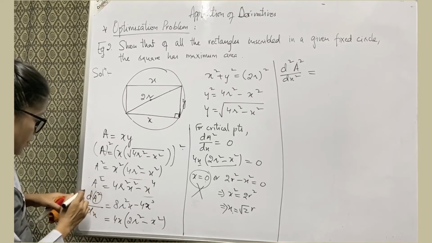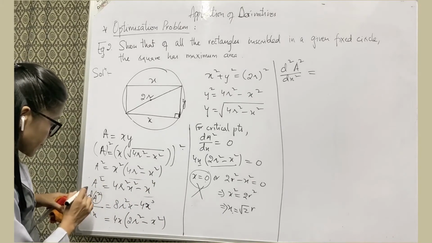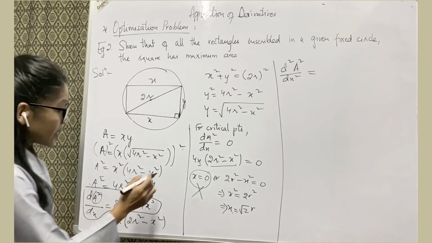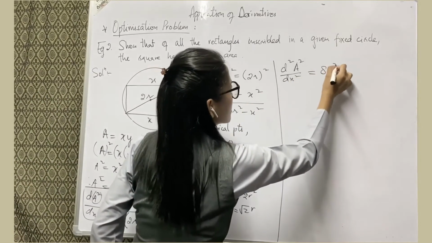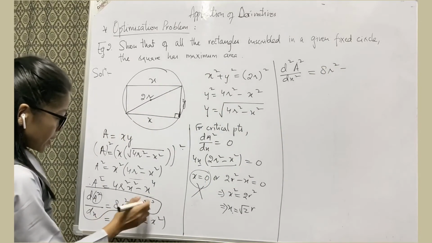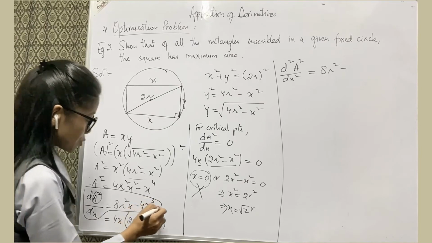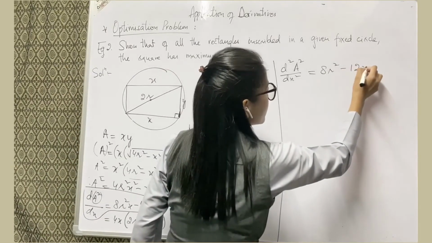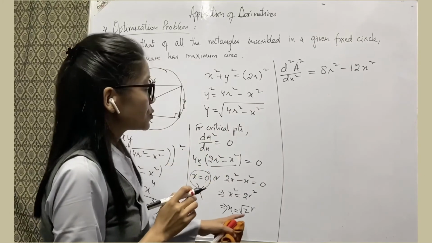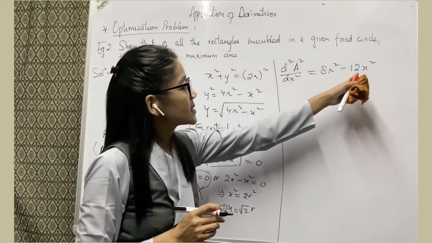So this will be 8r squared, the derivative of x is 1, and 4 times 3 is 12x squared. Now you have to substitute the value of x here.